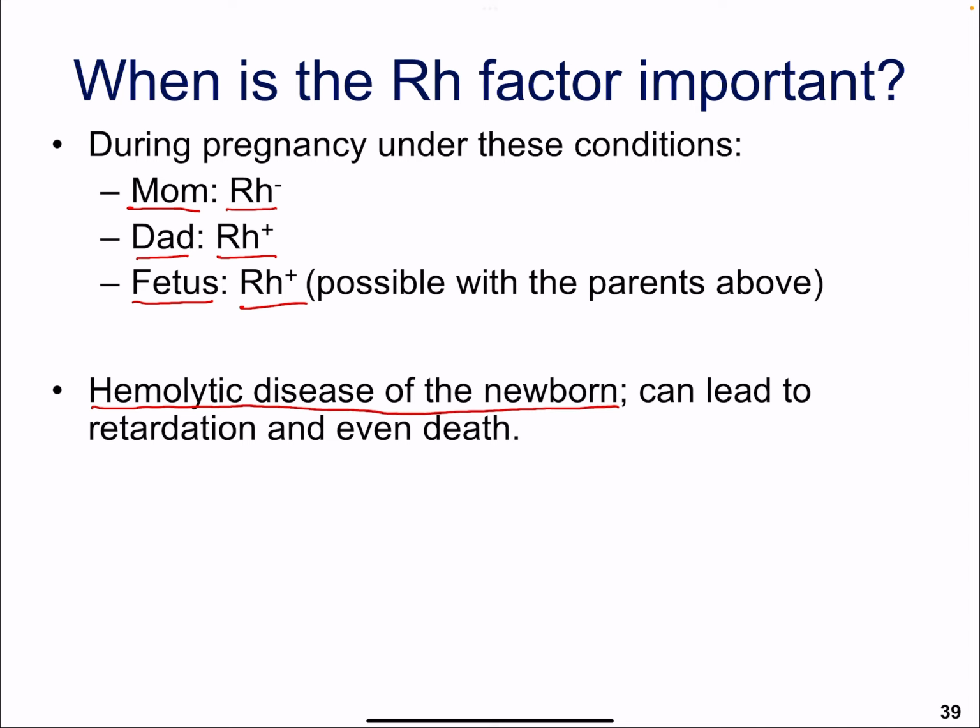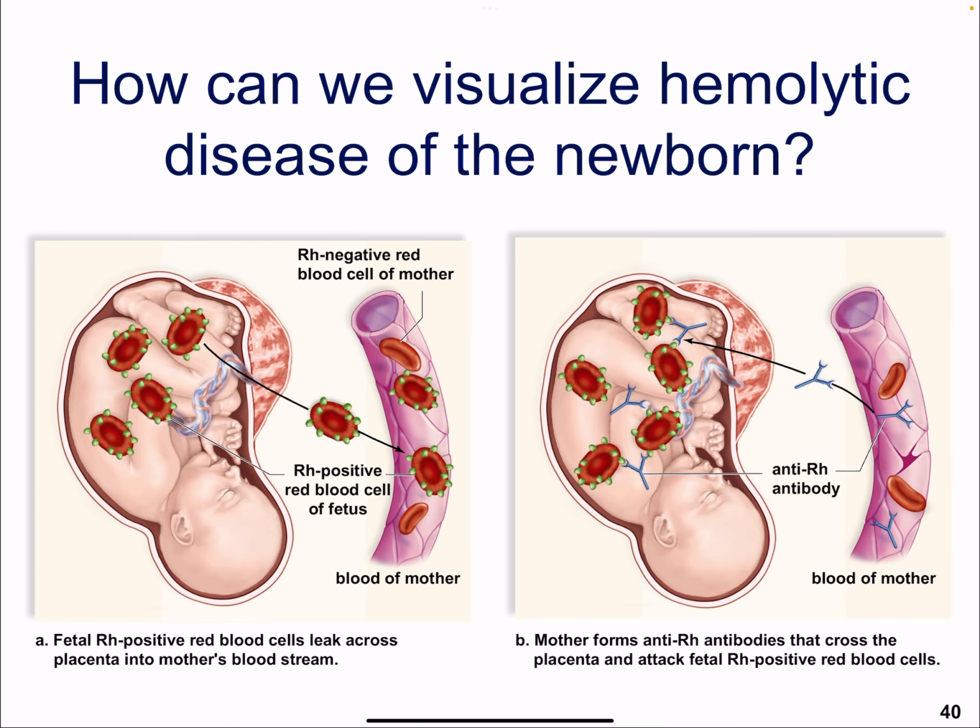That hemolytic disease of the newborn can lead to systematic destruction of the fetus red blood cells, or a decrease in the amount of the fetus red blood cells, so that there is a retardation in the development of the fetus, or even spontaneous miscarriage, right? But when does this happen?